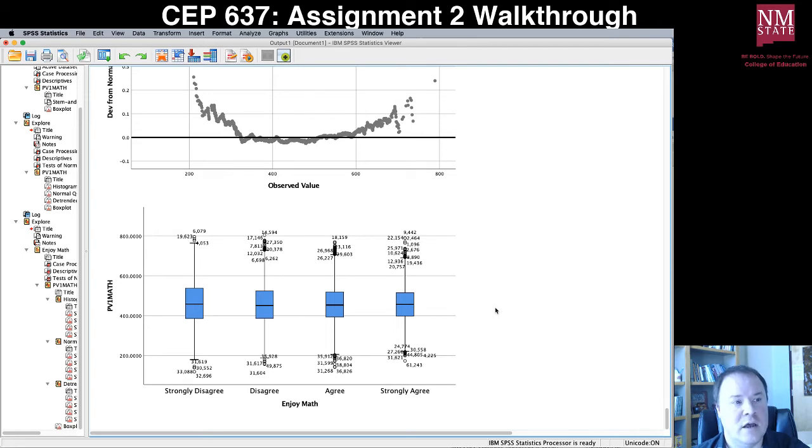And so I expect that independence is valid, although we have a little bit of an issue because students are nested within schools. So PISA data should be technically using a more advanced analysis that takes into account that natural structuring of students in classrooms.